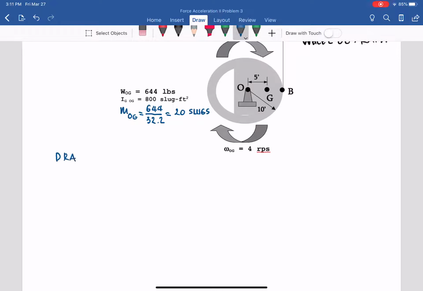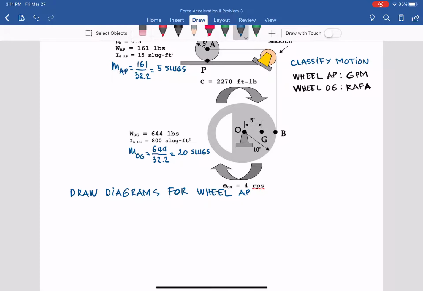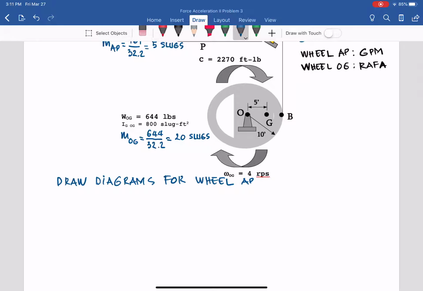Draw wheel AP, which is one wheel, so we have the free body diagram equal to the kinetic diagram.